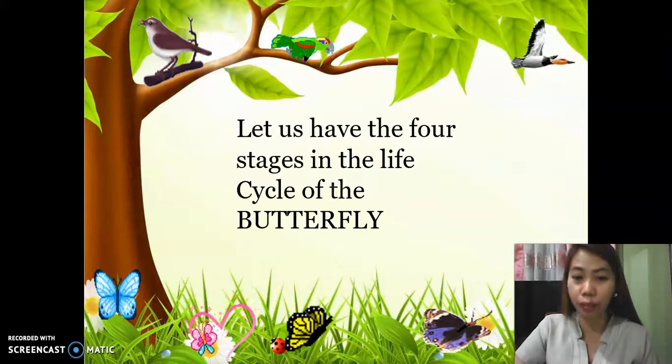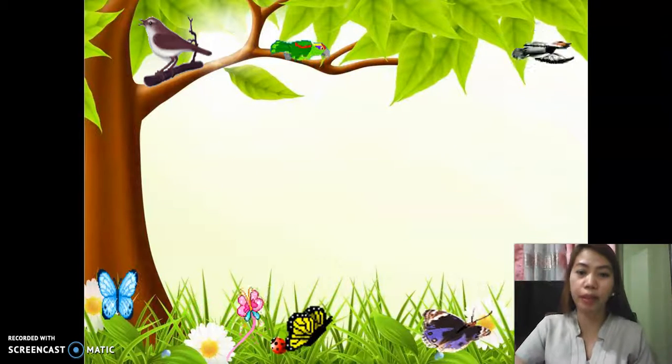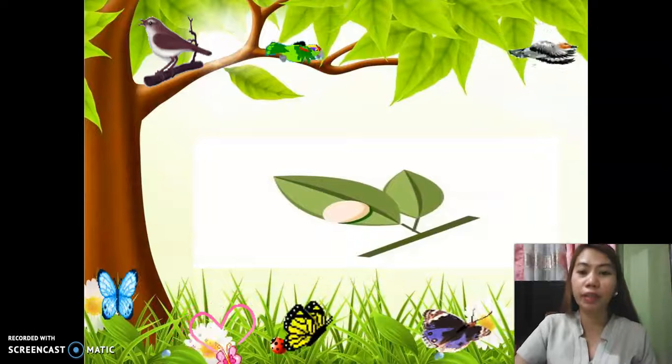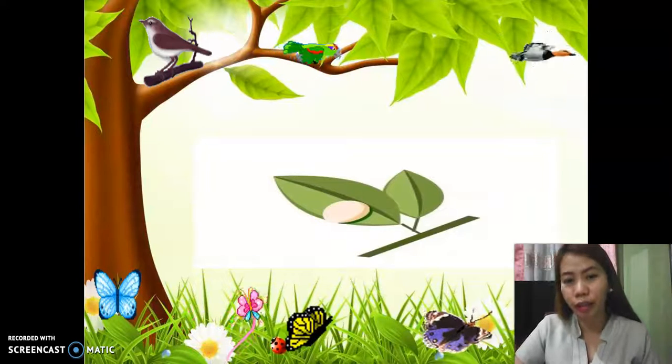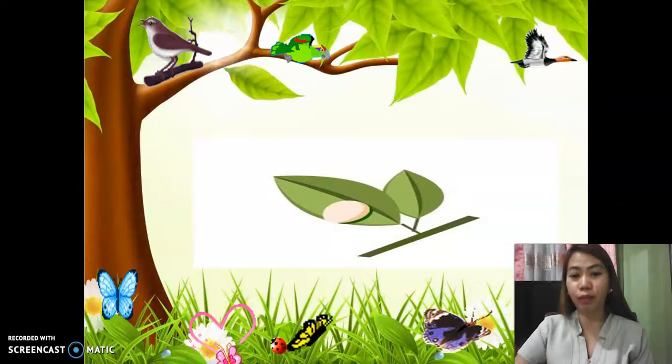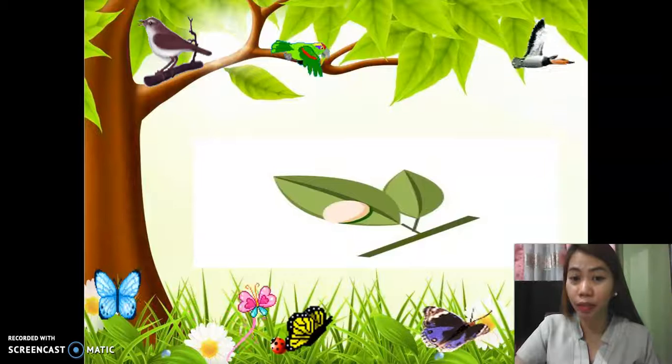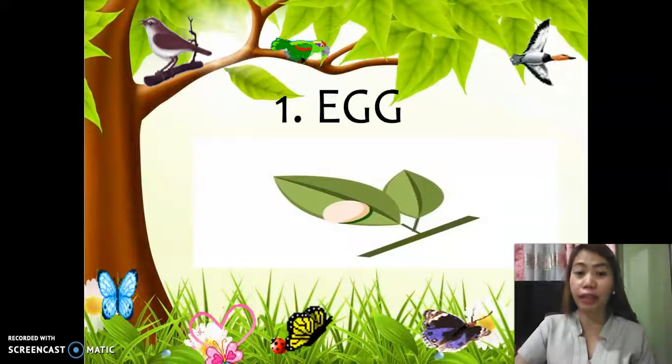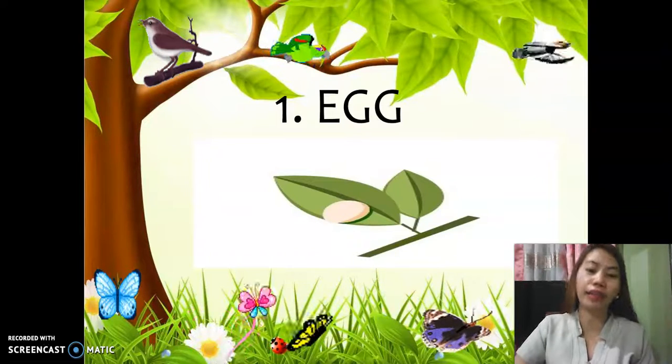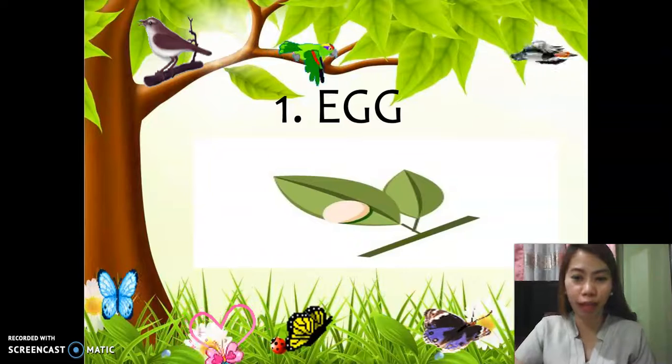Since we're going to focus on the life cycle of the butterfly, let's have this picture. Can you identify what is on the leaves? Basically, it is the egg. Okay, it is the egg of the butterfly.